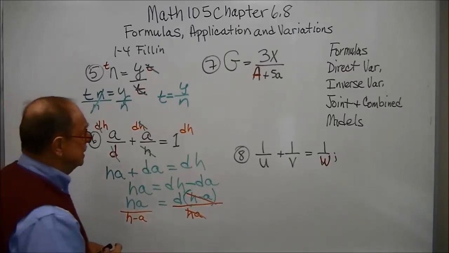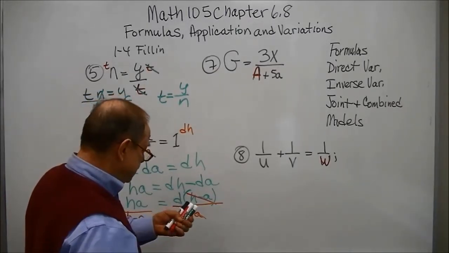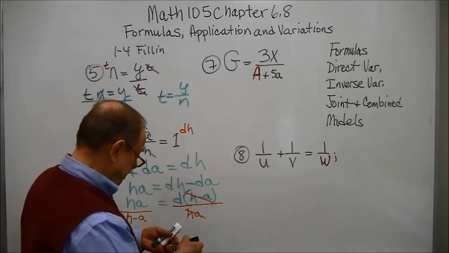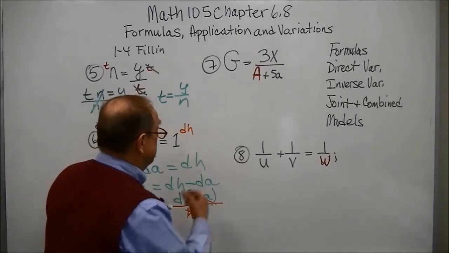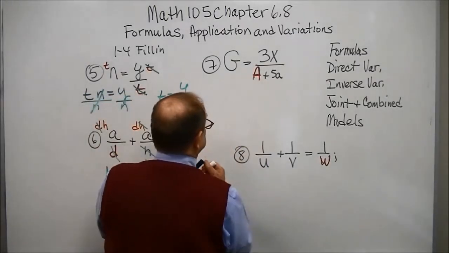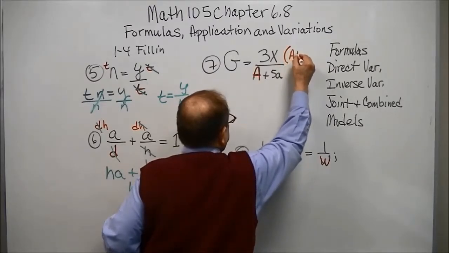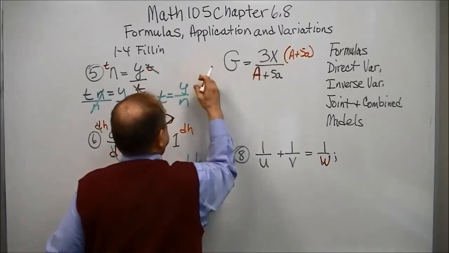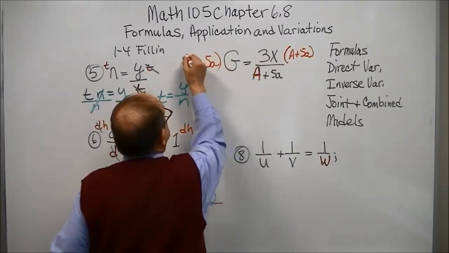In number 7, again, we're going to multiply both sides by the lowest common denominator, which is A plus 5A. So we'll multiply this side by A plus 5A. Get that out of there. A plus 5A.